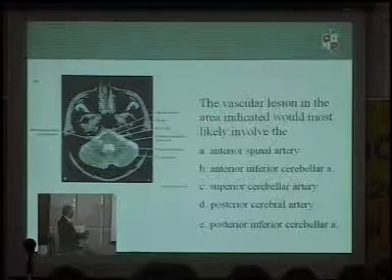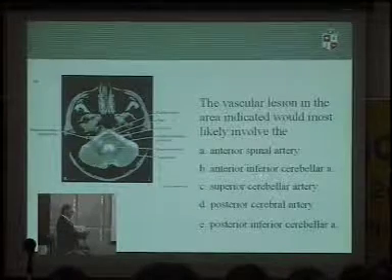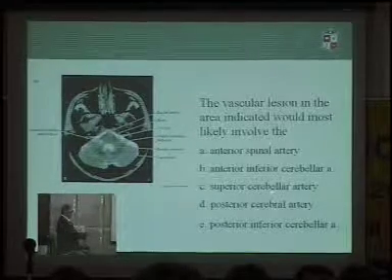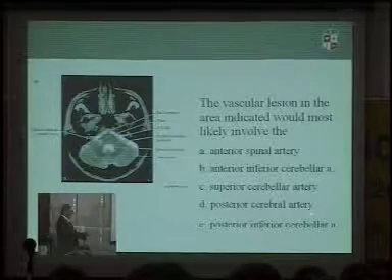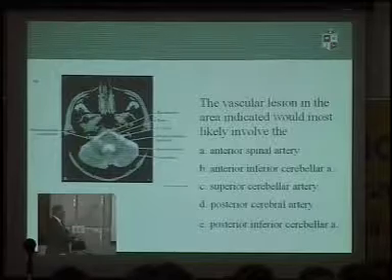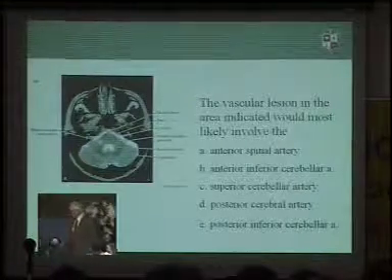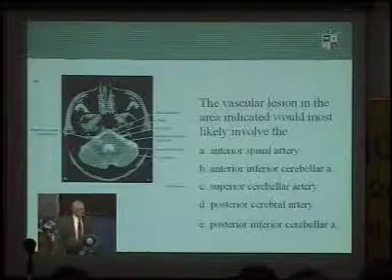The vascular lesion in this area would most likely involve the anterior spinal artery, anterior inferior cerebellar artery, superior cerebellar artery, posterior cerebral artery, posterior inferior cerebellar artery. This is one, just classically, you just have to know your vasculature. Please vote.